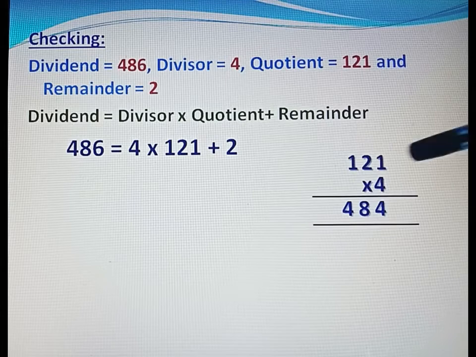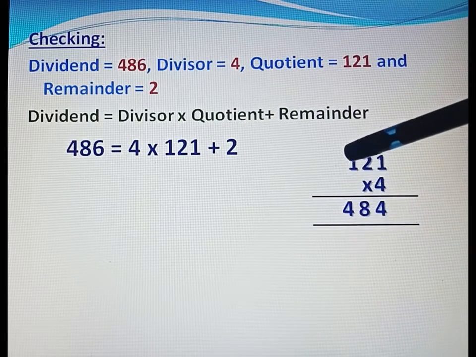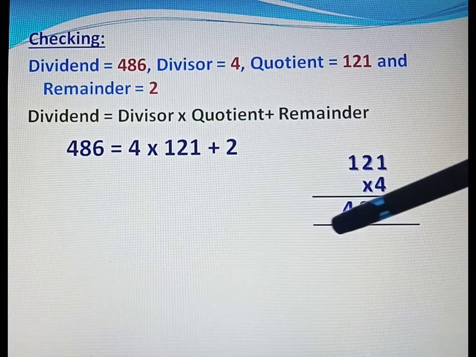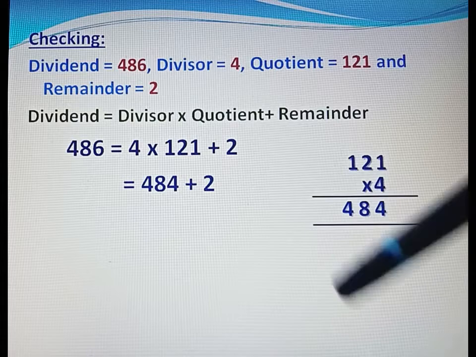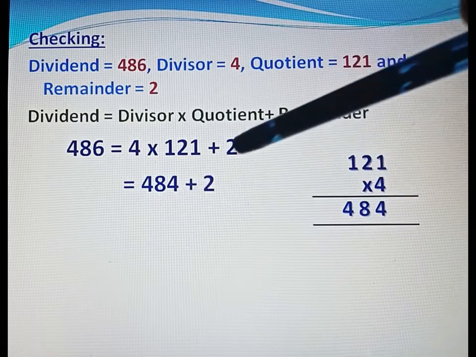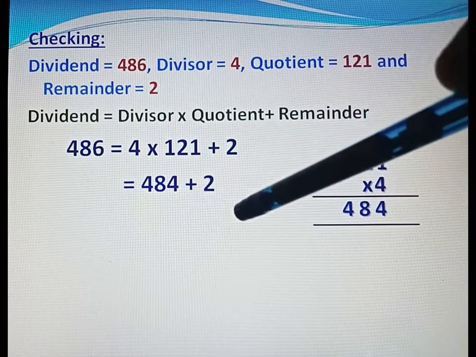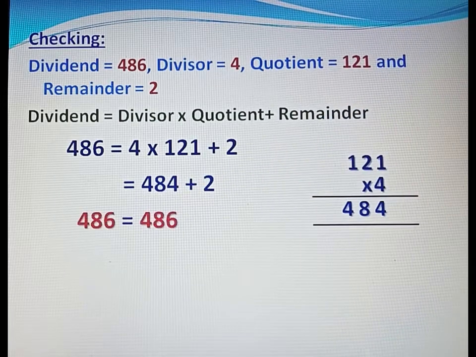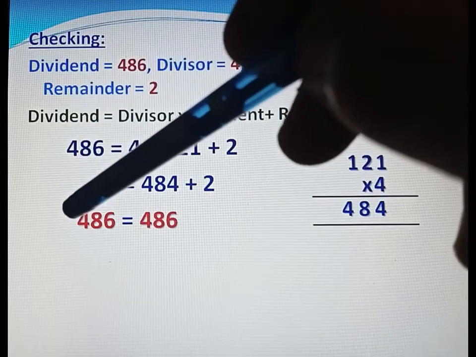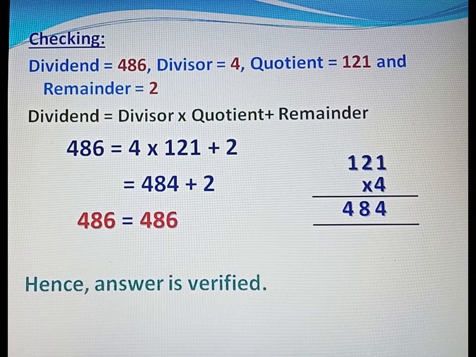Multiply 4 1 ja 4, 4 2 ja 8, 4 1 ja 4. 121 multiply 4 equal 484. Write 484 plus 2, and then we will do addition. 484 plus 2 equal 486, and dividend equal 486. Both are equal, hence answer is verified.